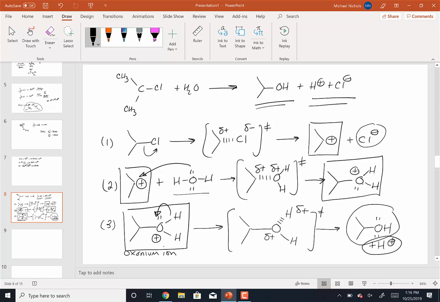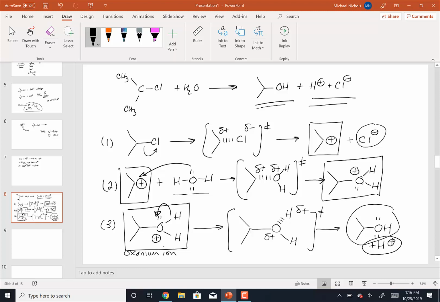The intermediates are species that are formed in one step of the mechanism and reacted in another step of the mechanism, and they cancel out so they don't show up in the overall reaction. So adding up these three steps gives me the overall reaction. So everything in a square is an intermediate.